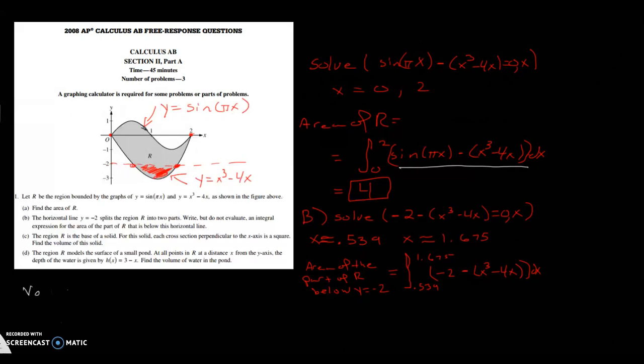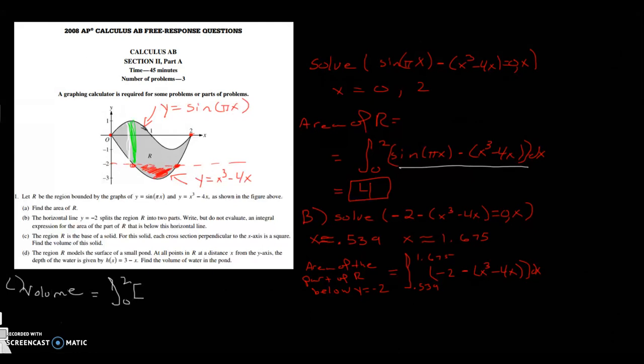So we're going to say the volume, and this is part C, would equal the integral from 0 to 2. Now you just make it into squares, so you need how big the side is. The side would be whatever this distance is here. I know this is kind of hard to see, so let me see if I could use a different color. Green will work. So you would do this, however big that is.